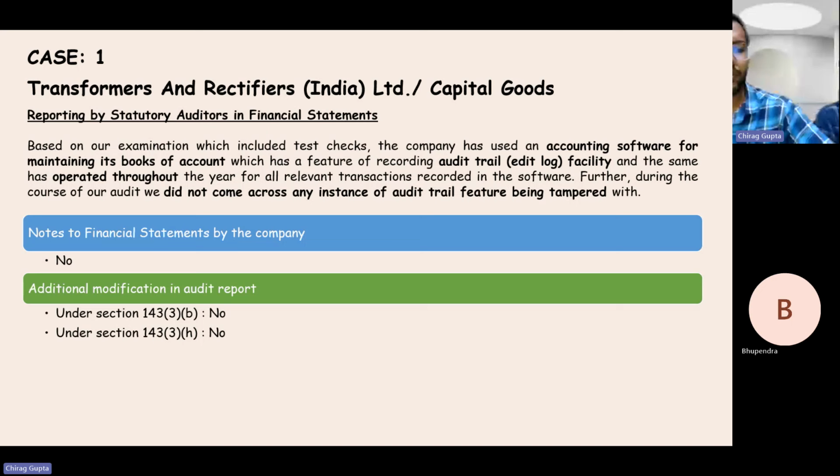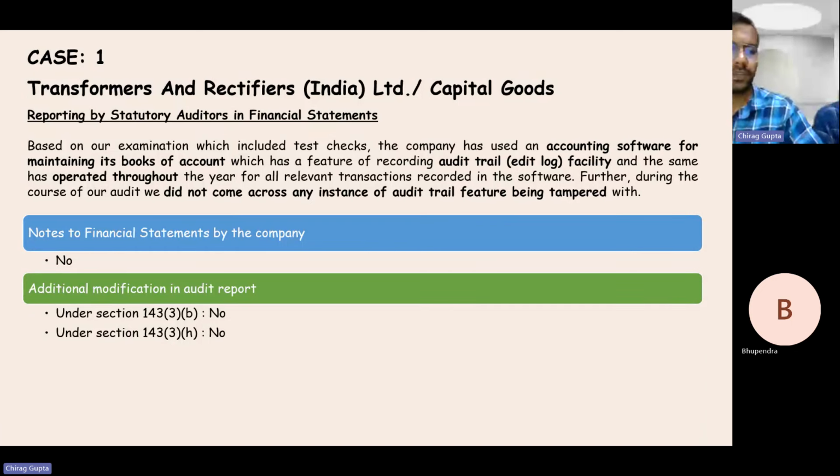And this is an important point: it is not enough that the audit trail facility should be there, it is also equally important that it should be implemented throughout the year without any tampering with its functionality.